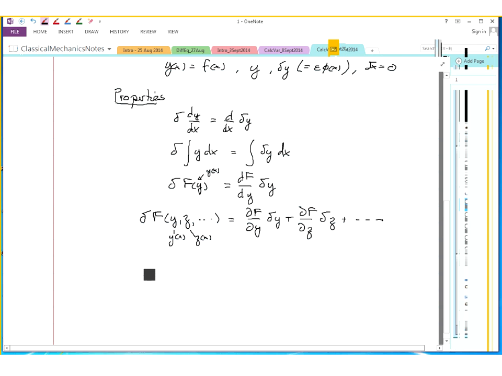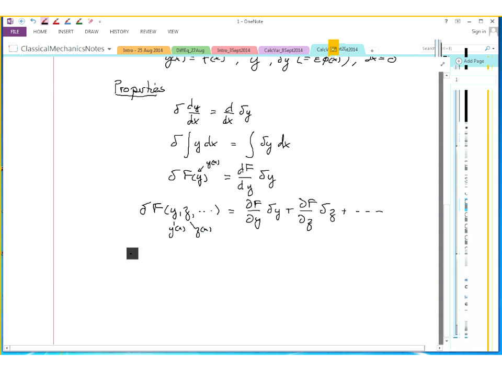And we also found that the stationary value of a function, that could be a maximum, a minimum, or an inflection point, is given by the condition that ∂f by ∂qi, so f is now a function of q1, q2, etc., equals 0 for each i.